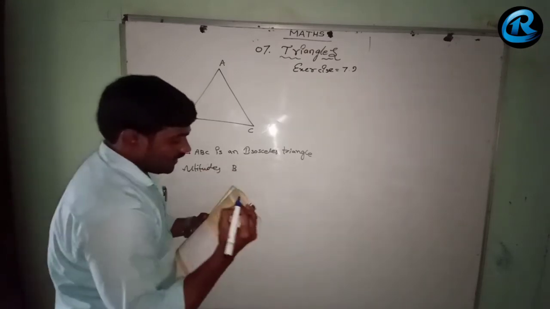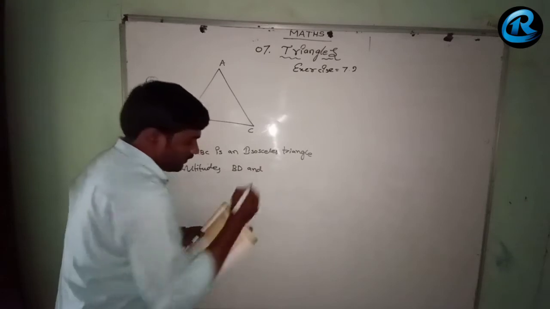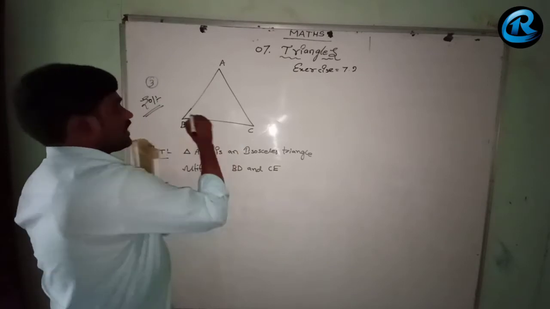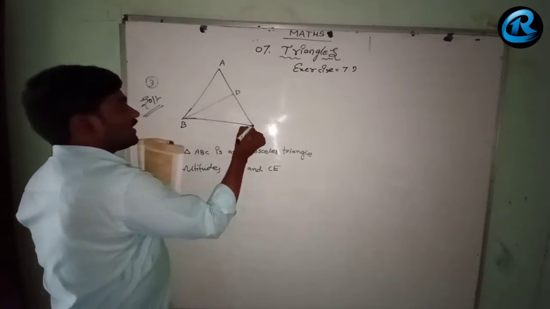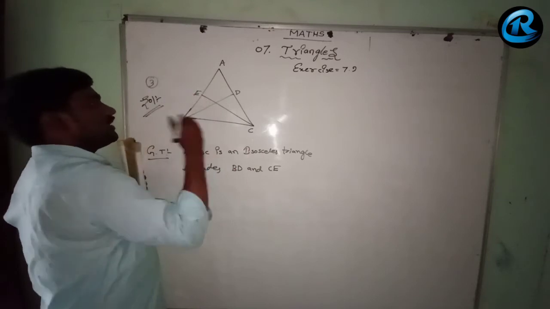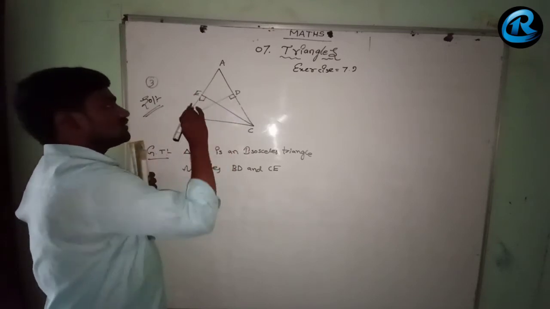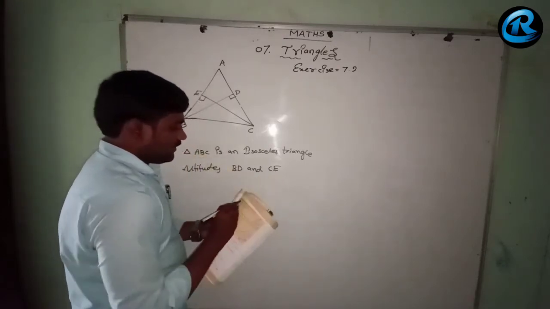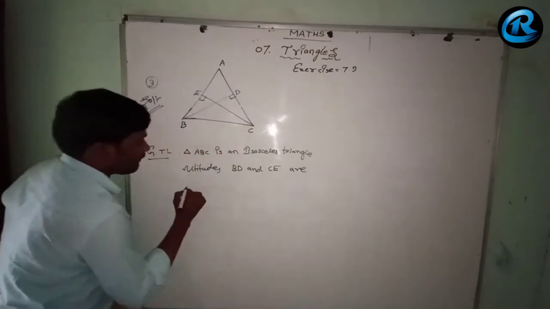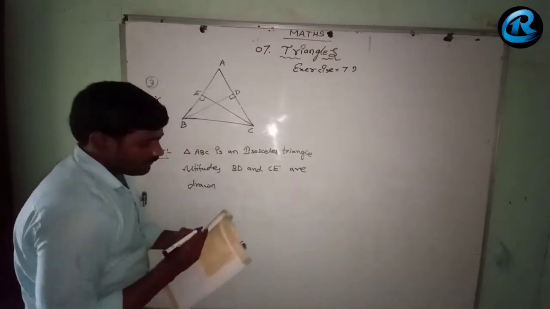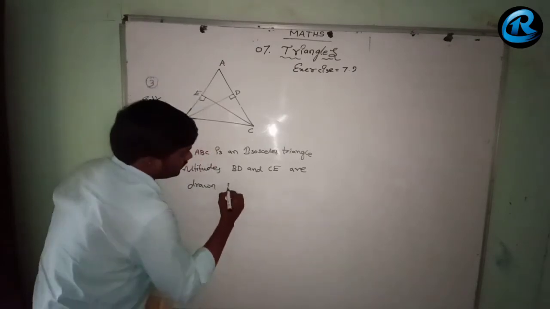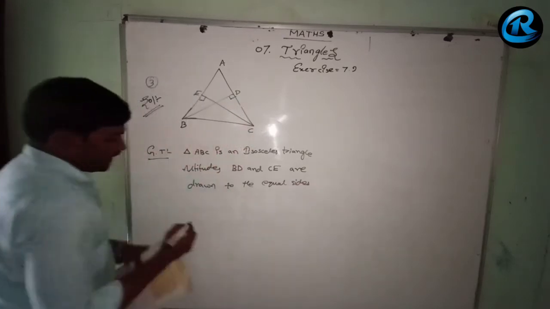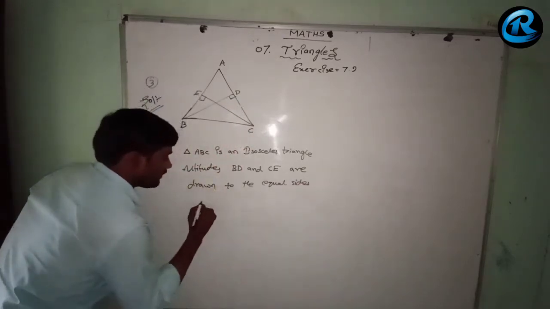See that here altitudes BD and CE, these two are the altitudes. The altitudes BD and CE are drawn to the equal sides AC and AB.